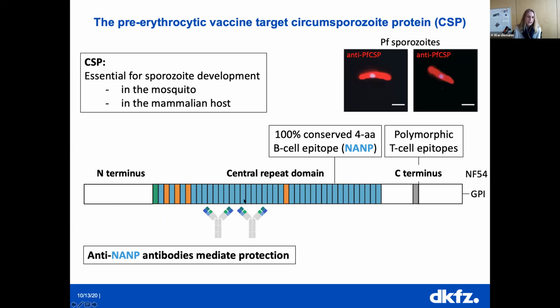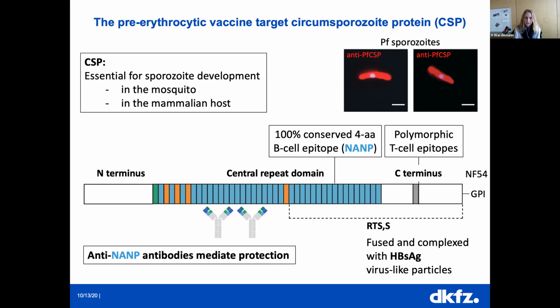There are around 38 of these in this domain, and it has been shown that antibodies against these NANP motifs mediate protection, which has been shown in animal models already many years ago. And based on this finding, RTS,S, this vaccine candidate, has been developed, which contains 18 of these NANP motifs and the complete C-terminus of the CSP protein.